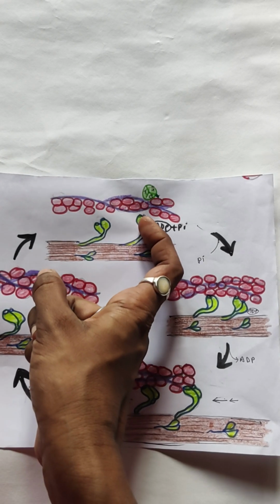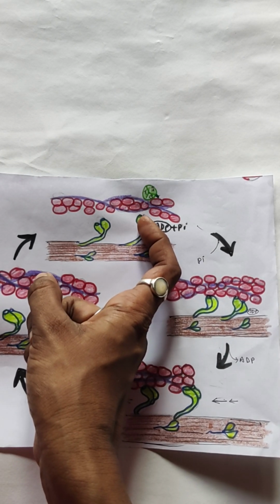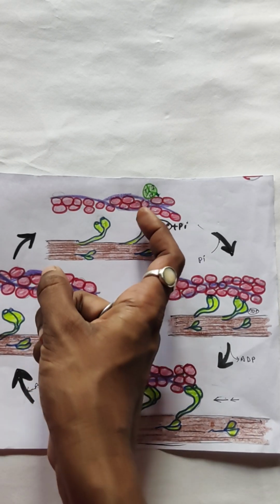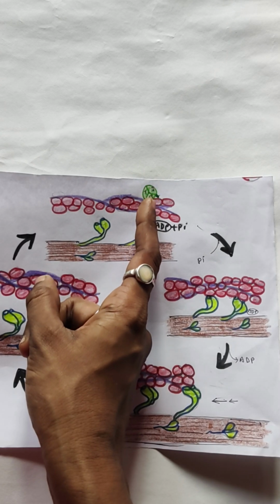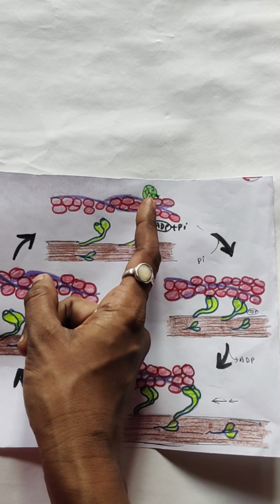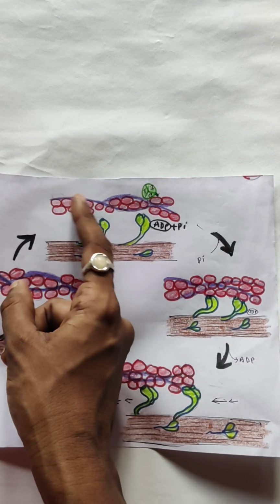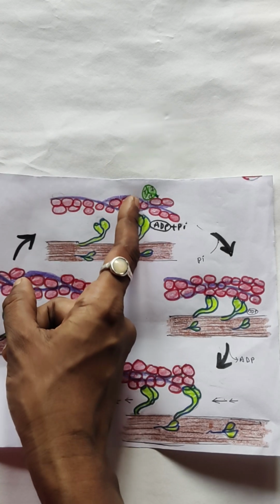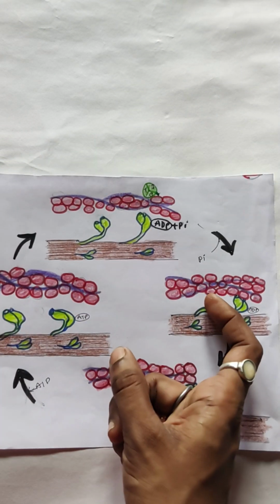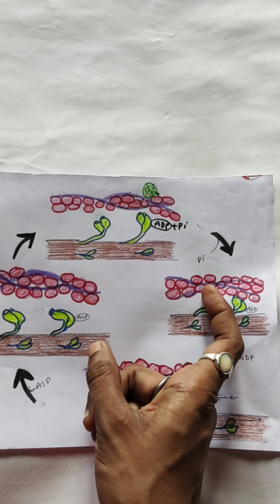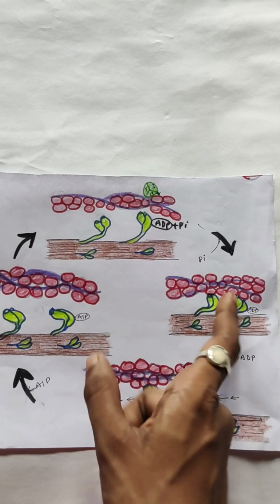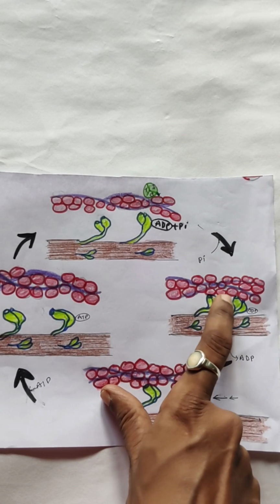First their position is here. Now they get energy, and when the calcium comes in contact with troponin, that also uncovers the actin filament, and then the myosin head gets attached to the binding site. Here, look, the myosin head is attached to the actin.